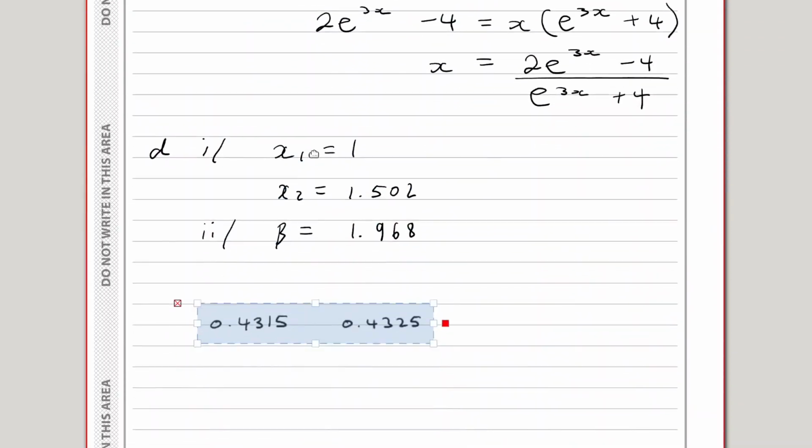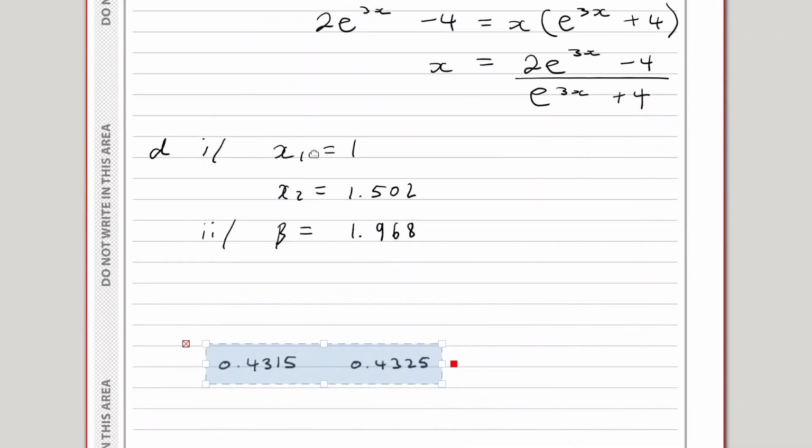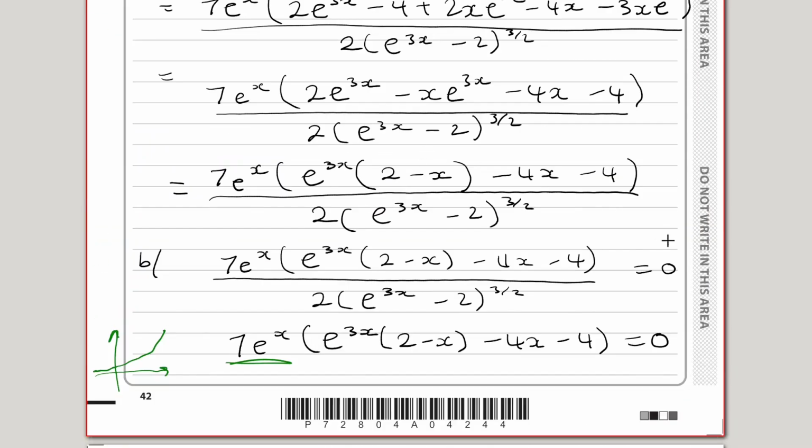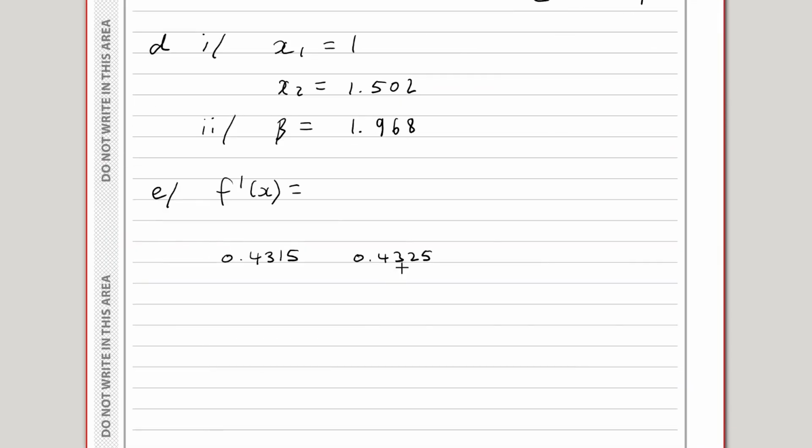So we need to state our gradient function. So our gradient function f dash of x is equal to, what is our gradient function? It's this. That is our gradient function.